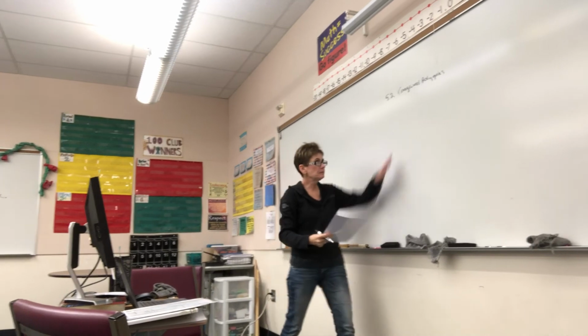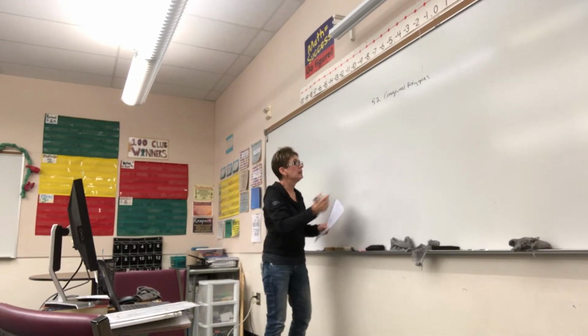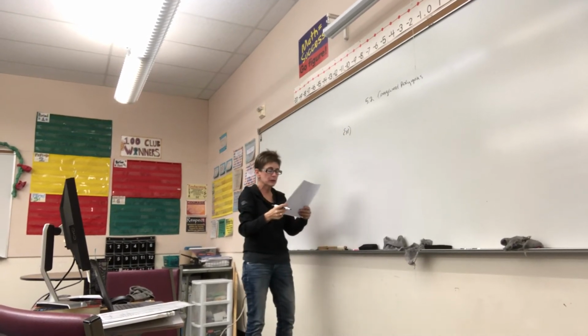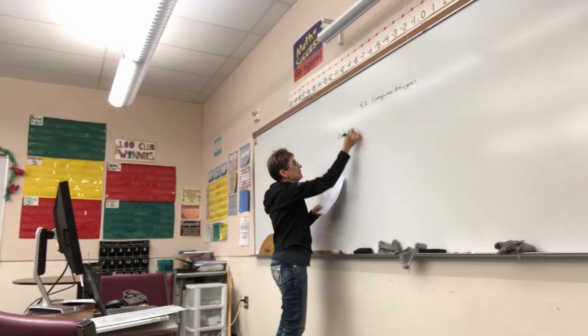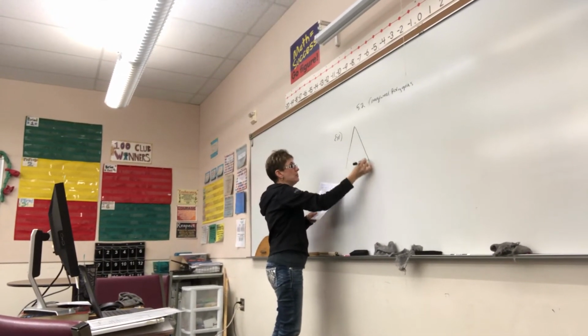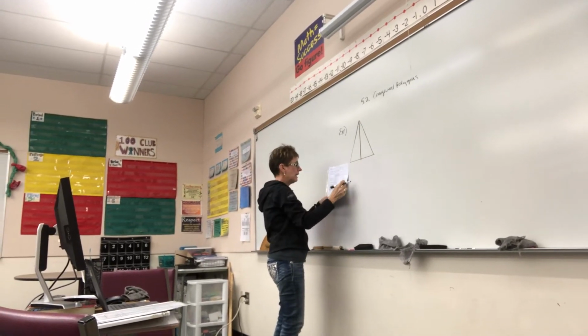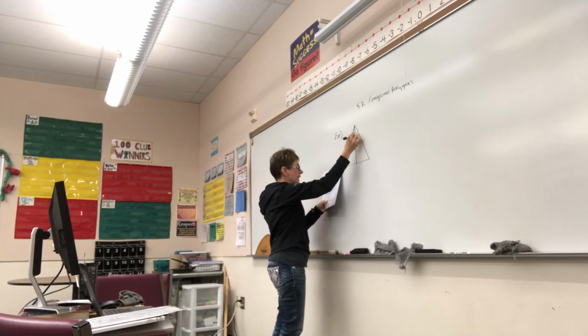So, let's go ahead and do example 1. Example 1 is going to tell us to complete a congruence statement. So let's draw an example here of two triangles, and we are looking at their angles.